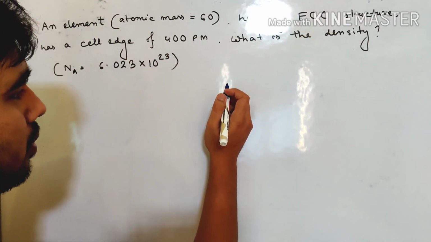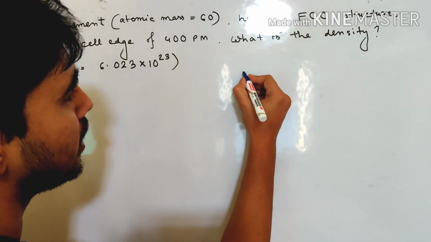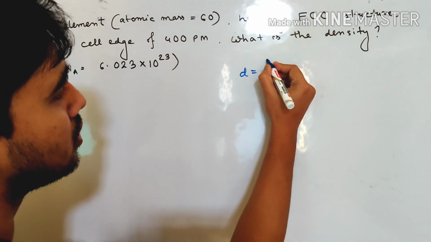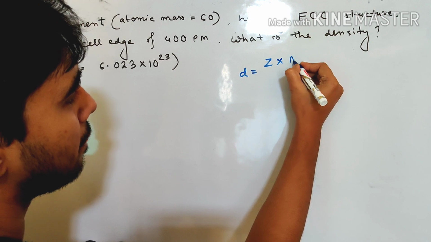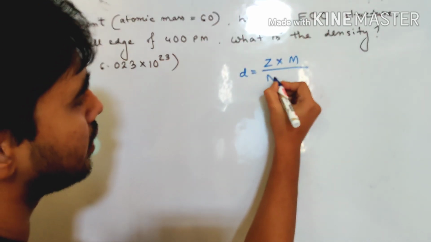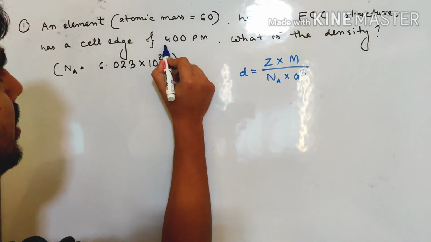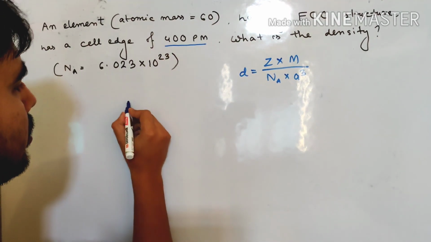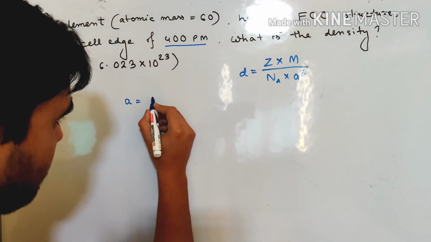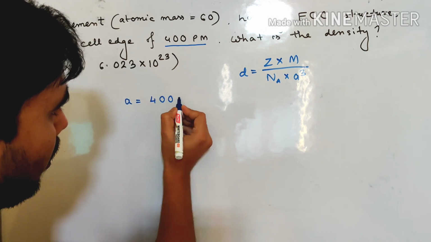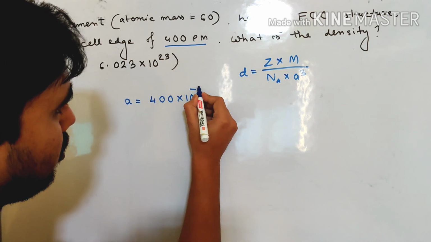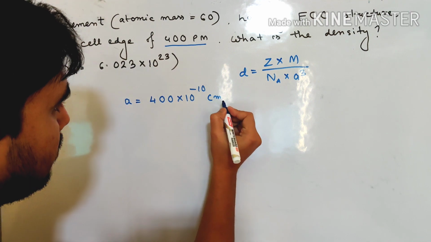Maybe 4 options will be given. So it is, as we know, D is equal to Z into M divided by NA into A cube. Now edge is given as 400 picometer. So A is basically, a picometer is given, so it is 400 into 10 to the power minus 10 centimeter.